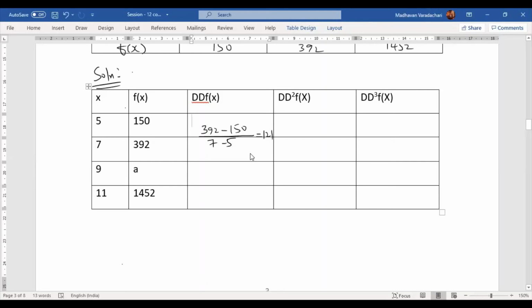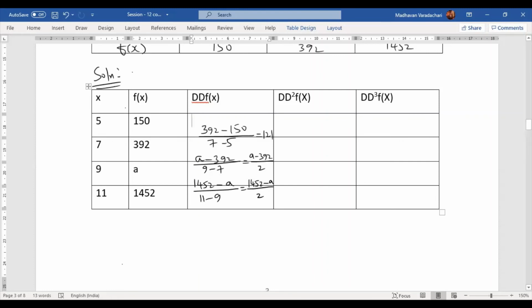Then the next one I need to write as A minus 392 divided by 9 minus 7, so it will be A minus 392 divided by 2. Then the next one has to be 1452 minus A divided by 11 minus 9, which is 1452 minus A divided by 2.